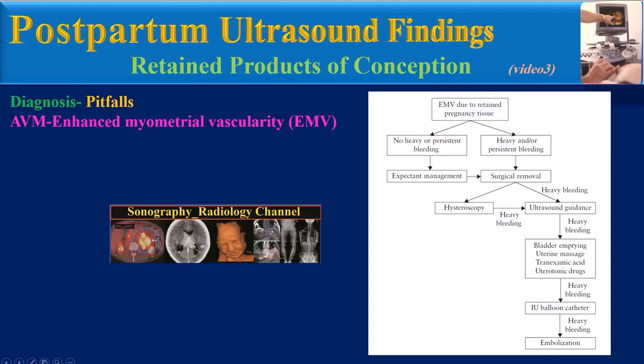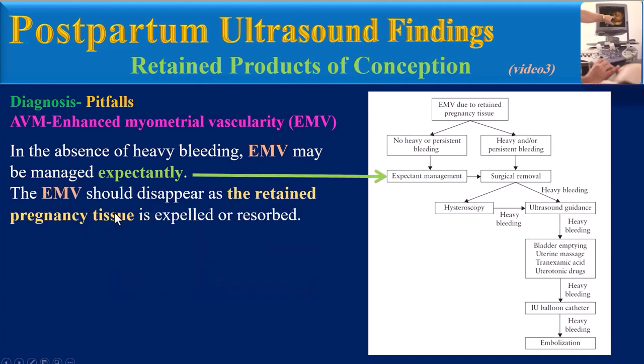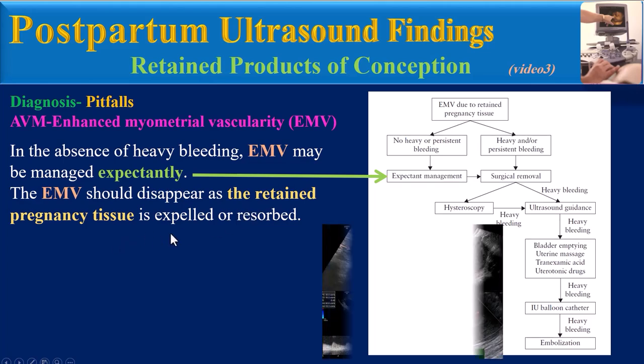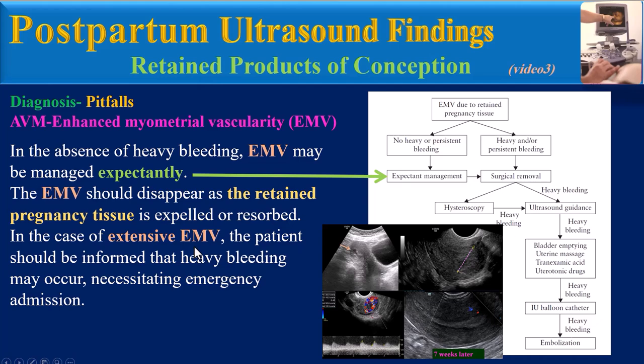This is the management algorithm of EMV. In the absence of heavy bleeding, EMV may be managed expectantly. The EMV should disappear as the retained pregnancy tissue is expelled or resorbed, as I explained in the teaching case. In the case of extensive EMV, the patient should be informed that heavy bleeding may occur, necessitating emergency admission.